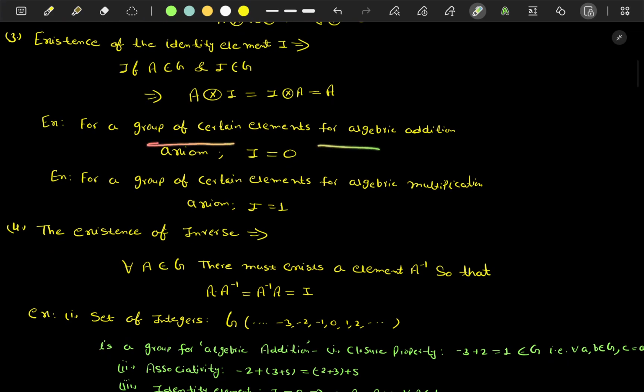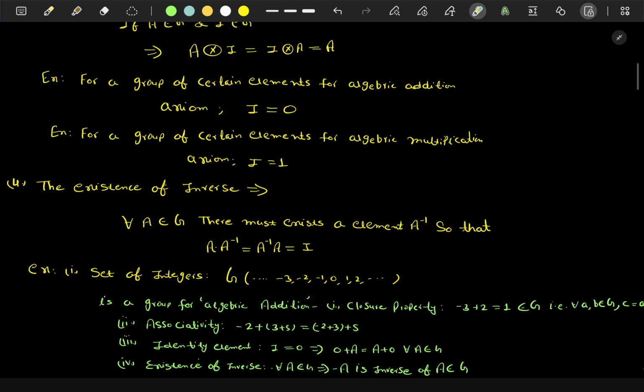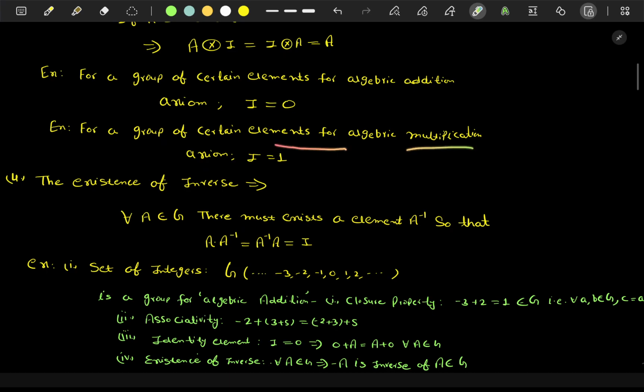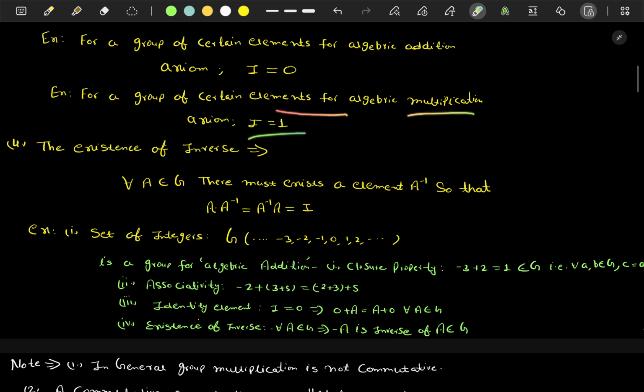For algebraic addition, the identity element I equals 0. For mathematical multiplication it is I equal to 1. Now the existence of inverse. For all elements of G, an inverse will exist if it follows this condition.